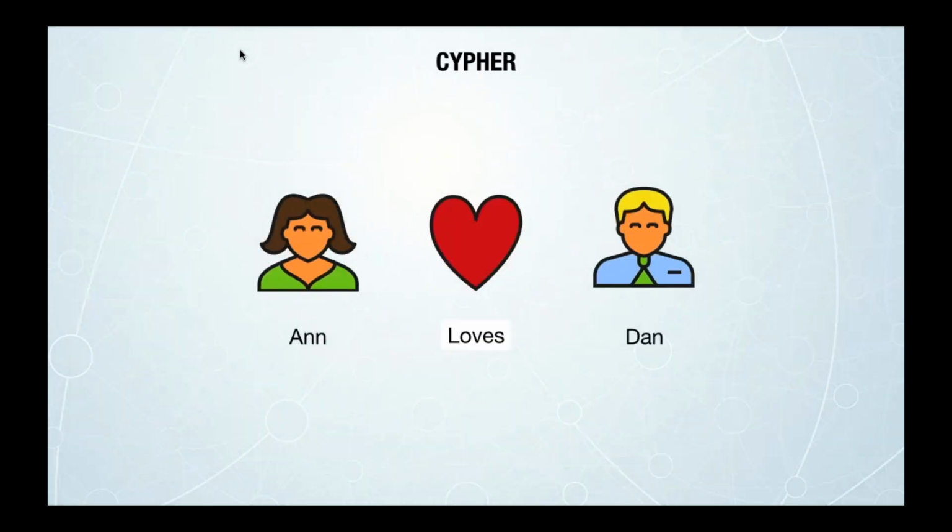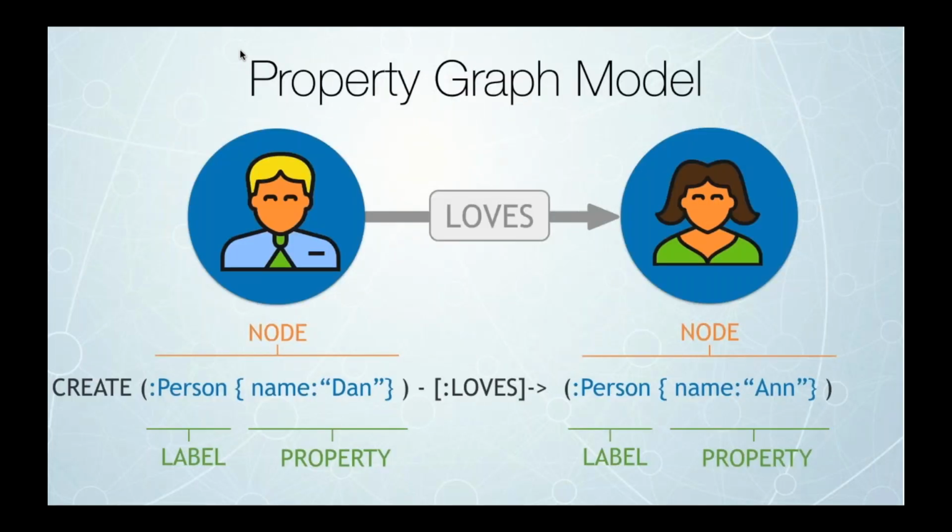So I'm going to go through a basic graph here. And our graph is about Anne, who loves Dan. And I actually switched the direction here in the next slide, or switched the gender, one of the two. But in this case here, Dan loves Anne. And so we're going to create 2 nodes, a node that is a person labeled node.